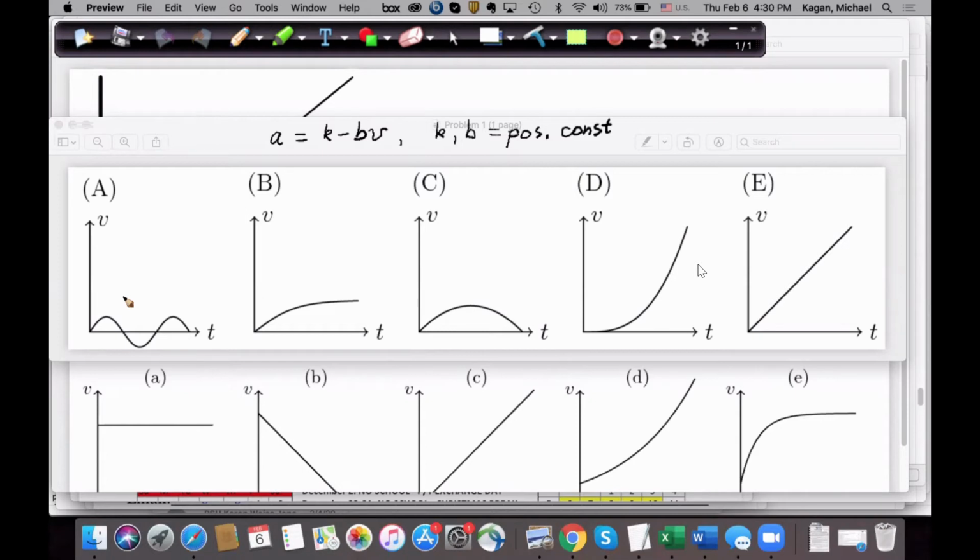But this problem can be solved without using calculus. Just understand the concept that acceleration is the slope of the velocity graph. Just to be clear, everybody paid attention that this is v versus t, right?